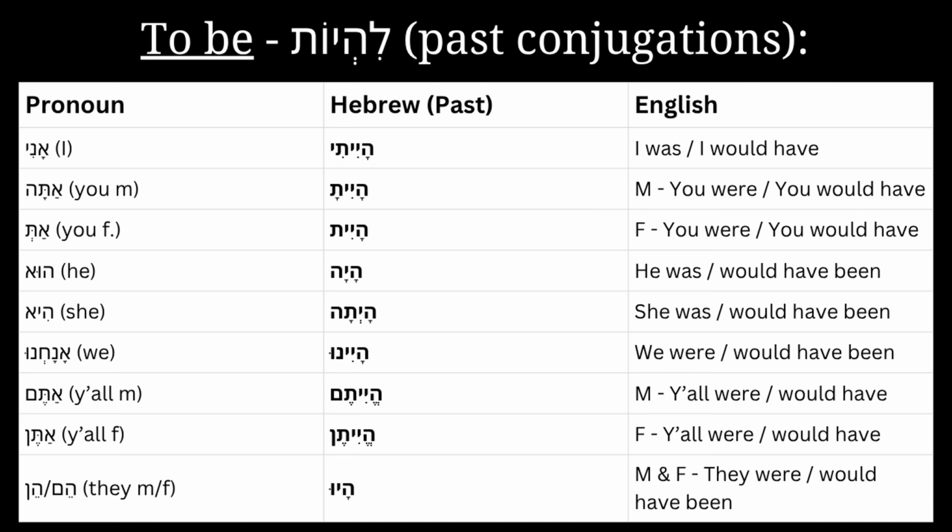Anachnu hayinu. Atem hayitem. Aten hayiten. Hem, hen hayu. The pronouns ani, anachnu, and hem/hen are the only ones with no gender. So this is how "lehiyot", to be, is conjugated in the past.